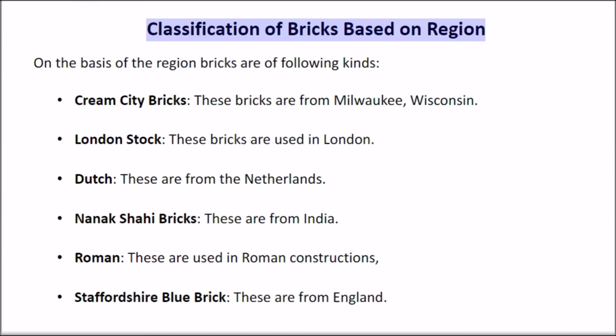Classification of bricks based on region. On the basis of the region, bricks are of following kinds. Cream City bricks. These bricks are from Milwaukee, Wisconsin. London stock. These bricks are used in London.